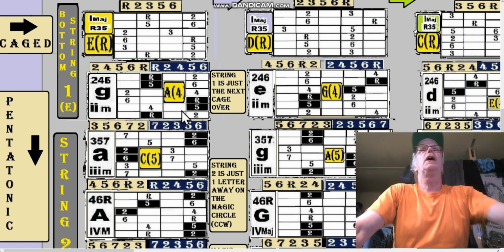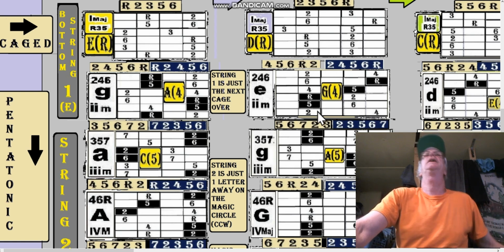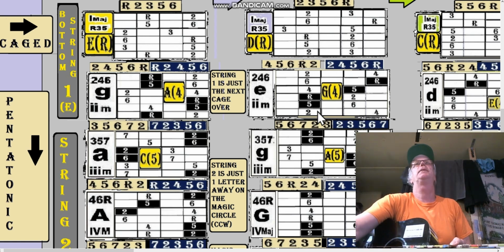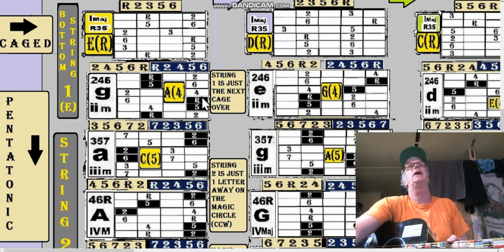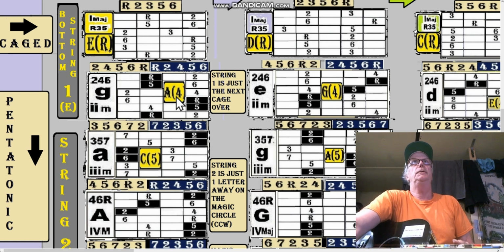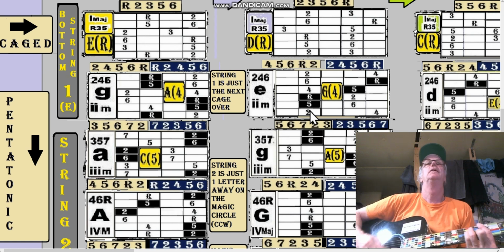So we've got the 2 starts to move up in this cage, but if we go to the next cage, we have that 2, and we can go ahead and play the G shape there, not the A shape now. Okay? So if we have our F here, right?